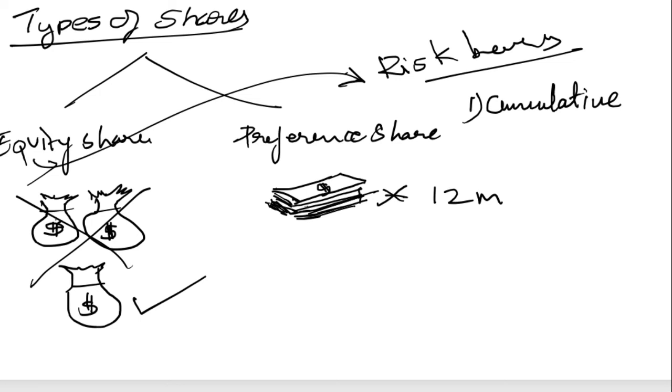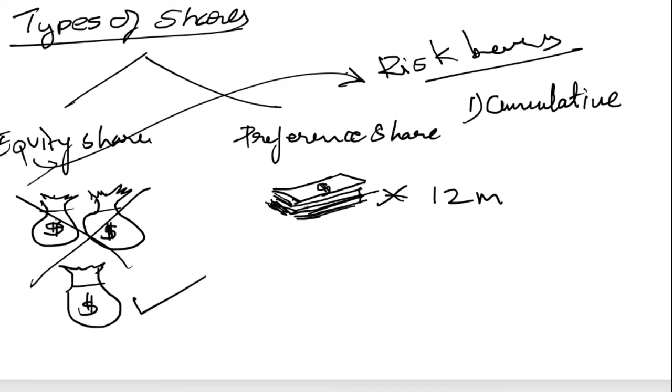In the next year, 2023, the company becomes profitable, and the preference shareholder has the right to claim. If he has taken cumulative preference shares, the company has to give the previous year's expected dividend plus the current year's dividend as well. That is a cumulative preference share.